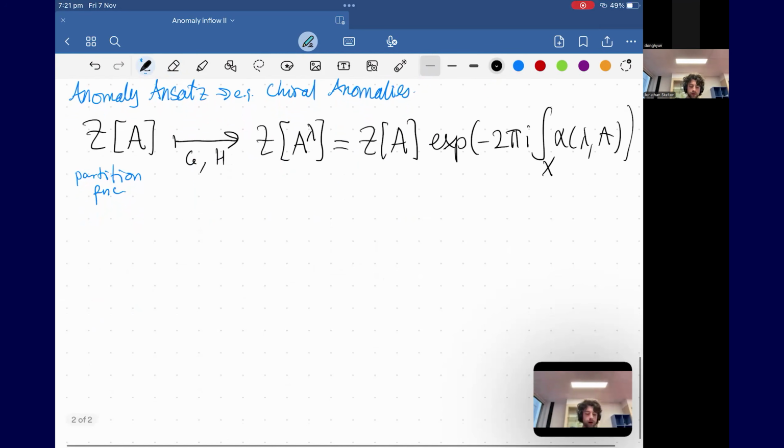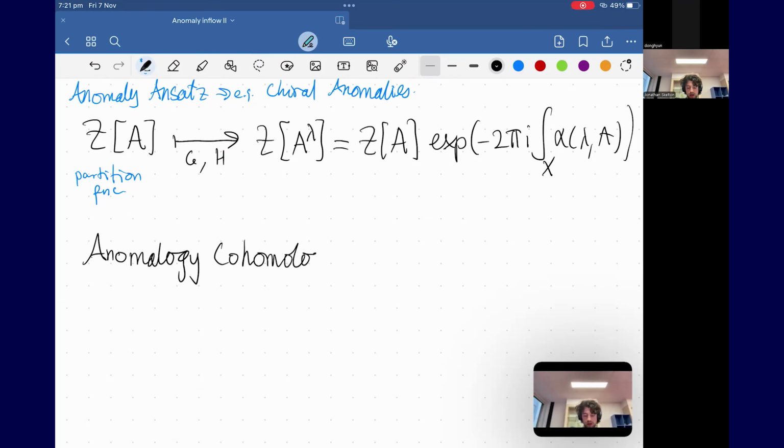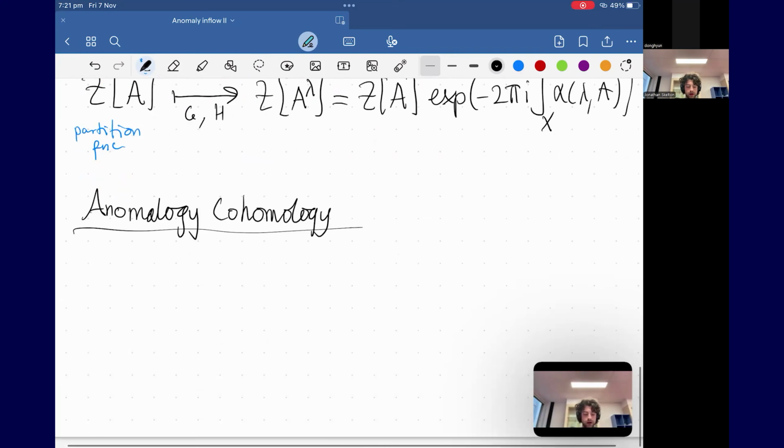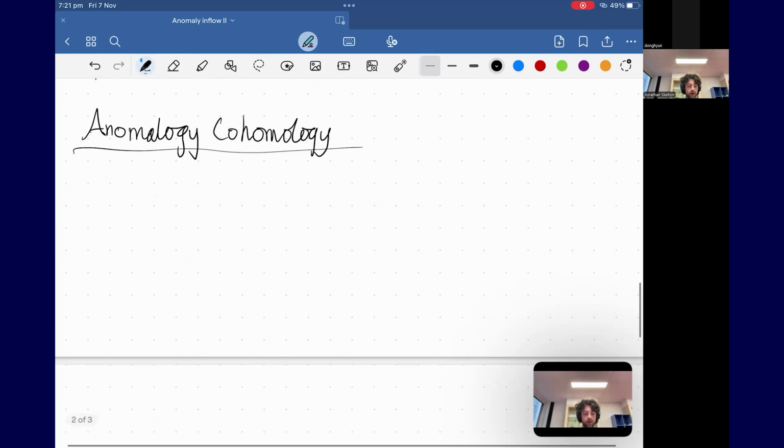But there is a slight caveat, which Jesse mentioned before, which is something we can call the anomaly cohomology. I don't understand the technical details of this, but I'll just give a schematic outline, and then hopefully, maybe in future weeks, we could discuss more details.